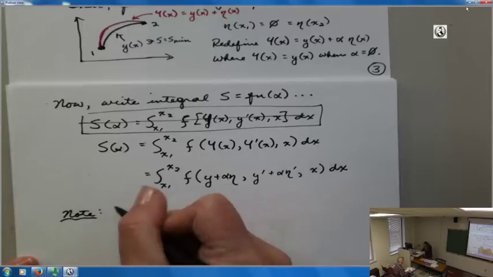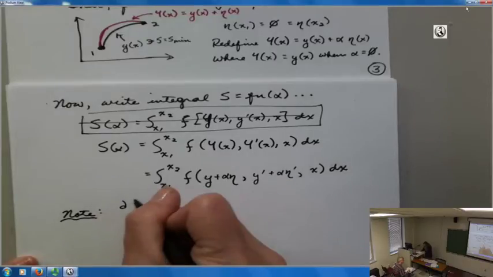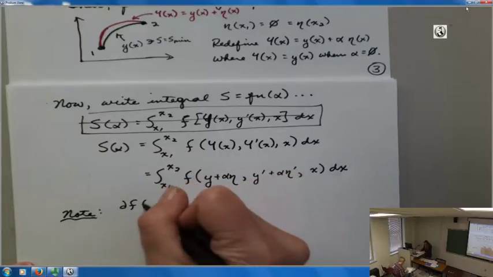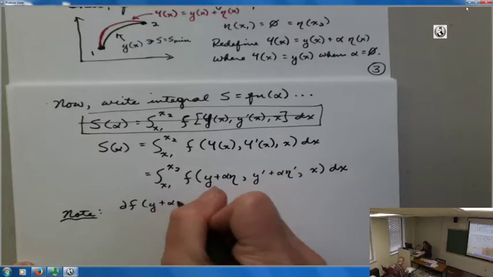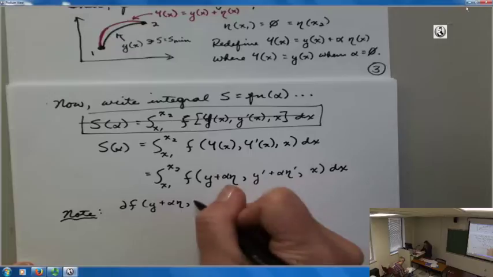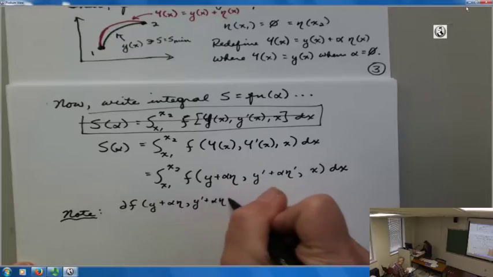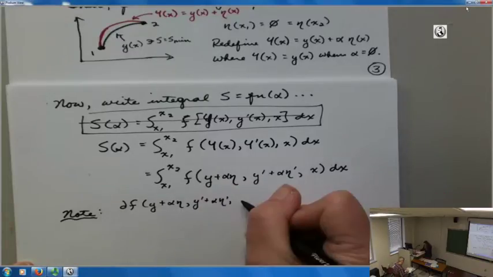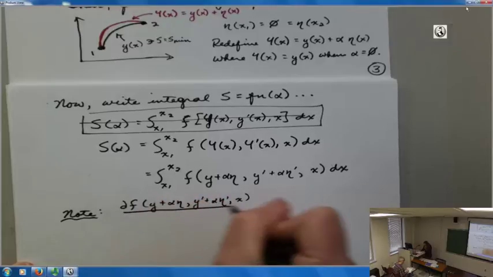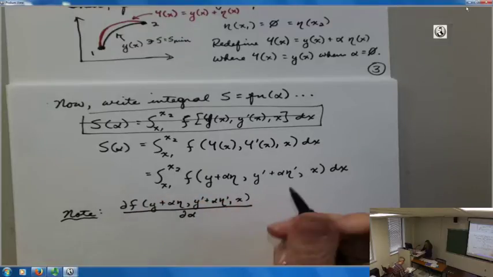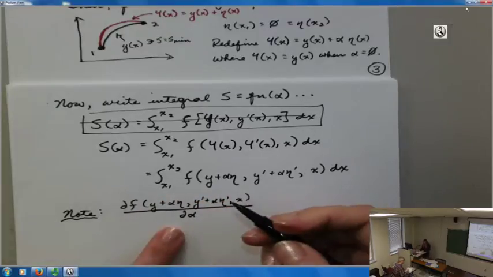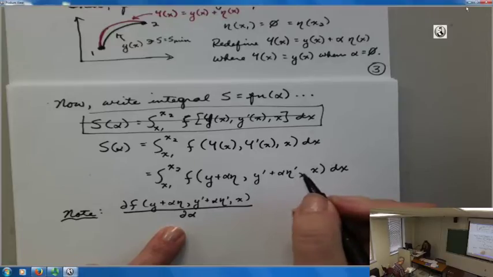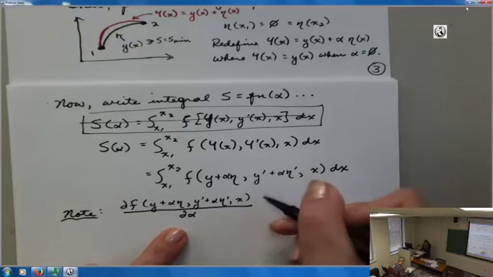I just want to do a partial here. So partial of f of y plus alpha eta, y prime plus alpha eta prime, and x with respect to alpha. That's going to be something that's important to think about. All right. So what is that going to be equal to?